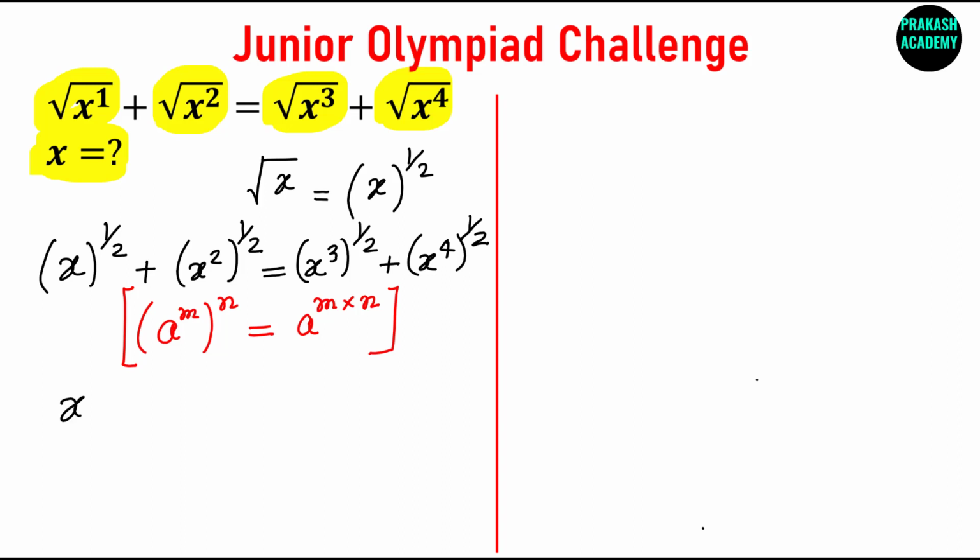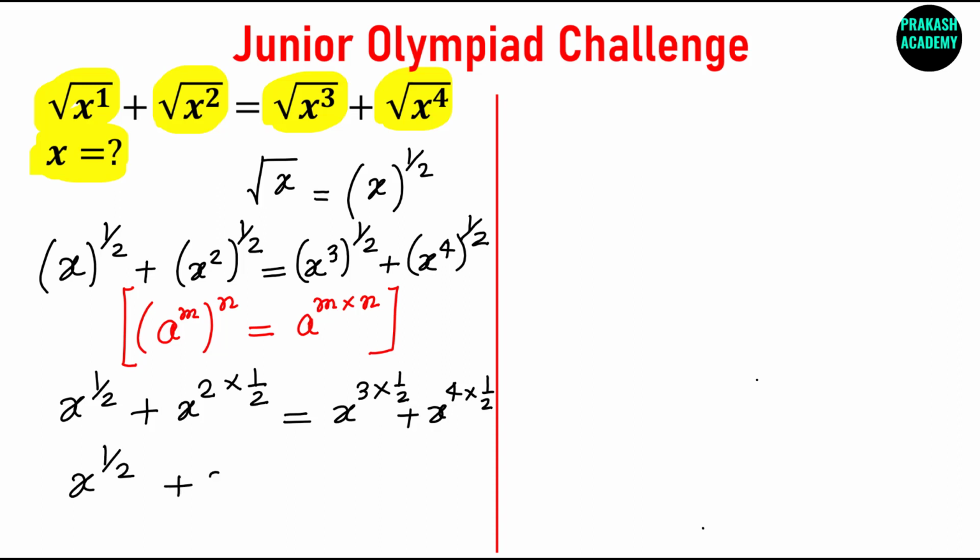So x raised to the power 1 into 1 by 2, simply 1 by 2, plus x raised to 2 into 1 by 2, and here x cube, so 3 multiplied by 1 by 2, and finally x4 multiplied by 1 by 2. So this will be x raised to the power 1 by 2 plus x, since 2 into 1 by 2 is simply 1, equals x raised to the power 3 by 2 plus x square.